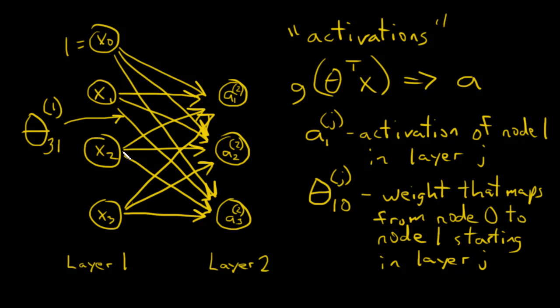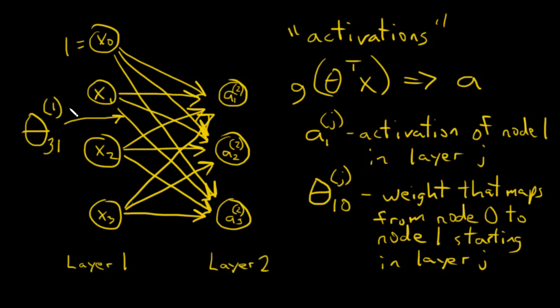That lets me keep track of all the weights and which two nodes they're connecting as we go along. Just remember that the starting node is the farthest right number and the ending node is the left number. So we write it backwards, and the layer that it starts in is up top.